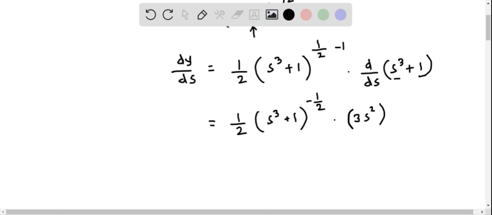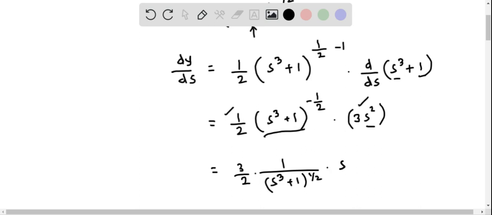Let's simplify this. So we can rewrite this as we have a 3 here and we have a 1 by 2. So 3 times 1 by 2 is 3 by 2. We then write this as a positive power of 1 by 2. So therefore we can write this as 1 over s cube plus 1 raised to the power of positive half. And then this has to be multiplied with the s squared.